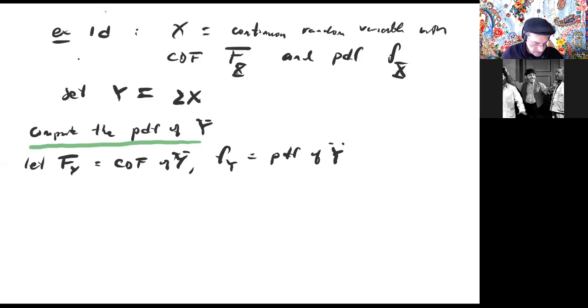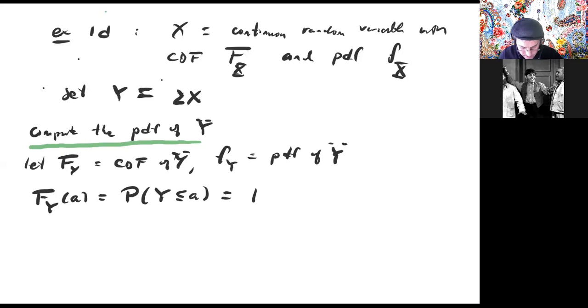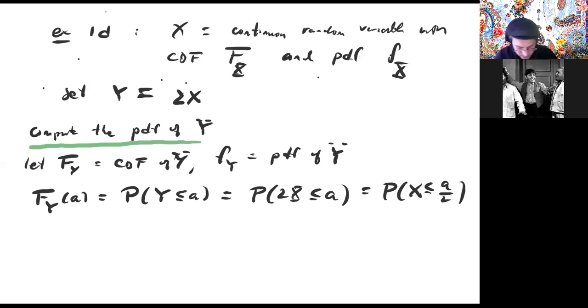Okay, so what is F sub y of a number a? Well, it's by definition the probability that y is at most a, but that's the same thing as the probability that twice x is less than or equal to a, which is the same thing as the probability that x is less than or equal to a over 2.